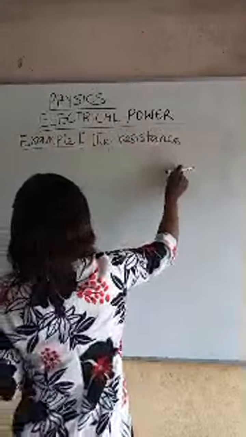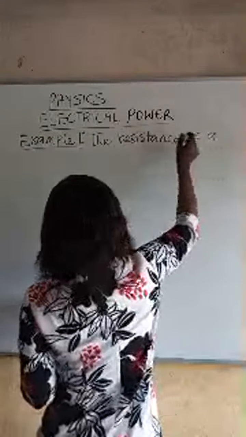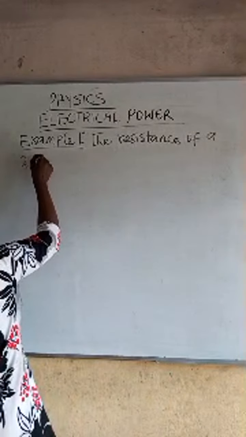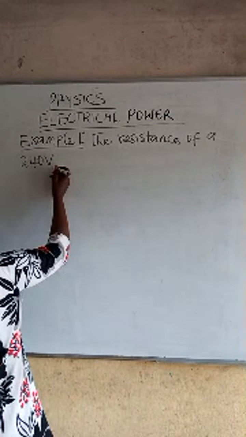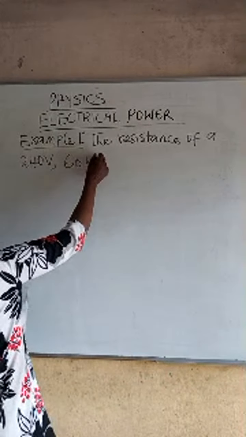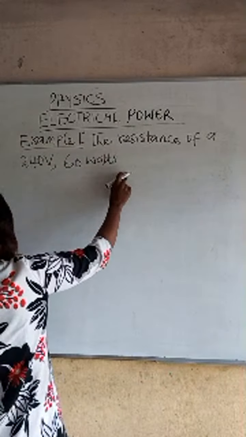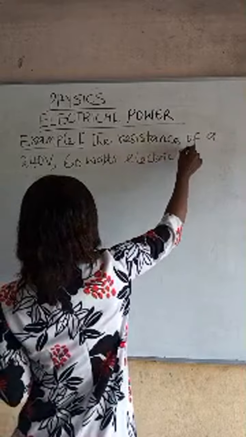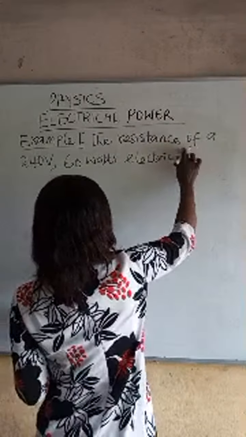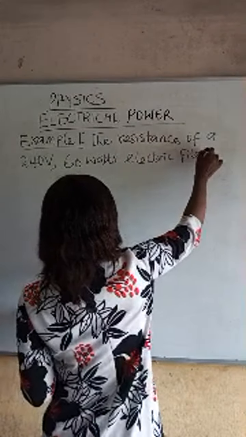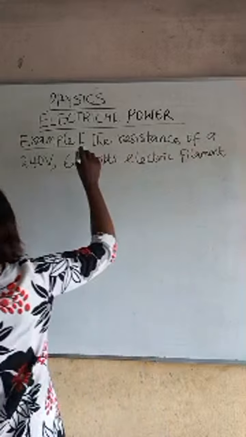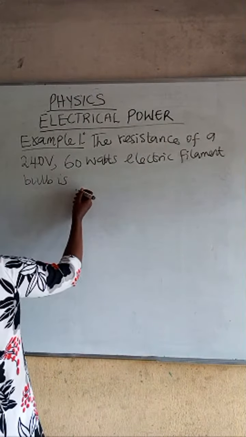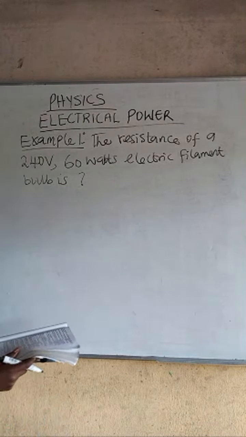The resistance of a 240 volts, 60 watts electric filament bulb is dash.